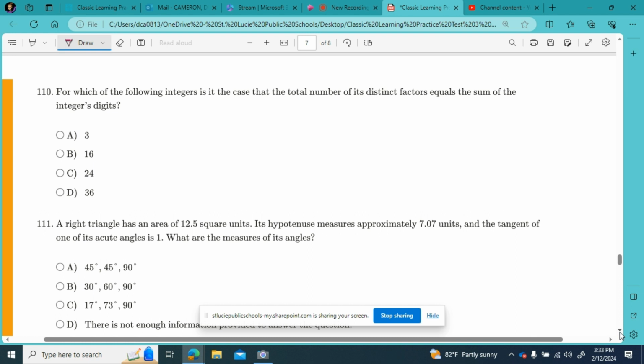Well, first of all, what are the sums of the integers' digits? 3 plus nothing, 3. 1 plus 6 is 7. 2 plus 4 is 6. 3 plus 6 is 9. How many factors do we have of 3? Our factors would just be 1 and 3, which is not 3. Our factors of 7 would just be 1 and 7. That's prime, not. Oh, I'm sorry.